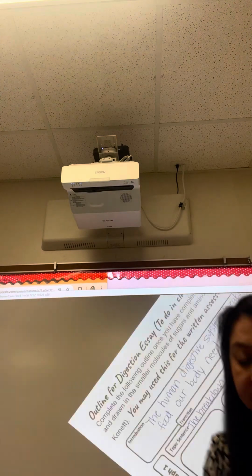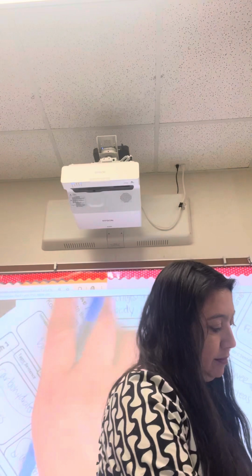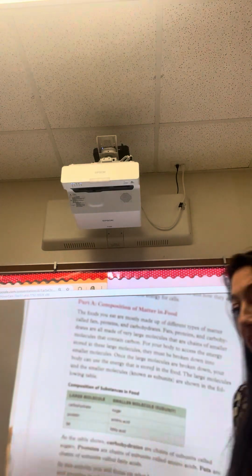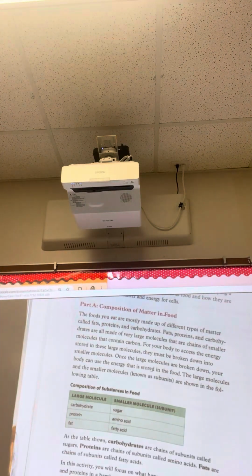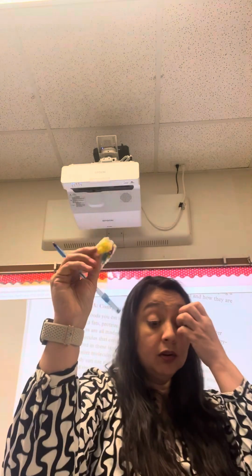Okay, when we did food breakdown, we talked about this right here. I don't know if you remember this chart, and we did these. Remember these? Anybody remember what the yellow was? Yes, carbohydrates.